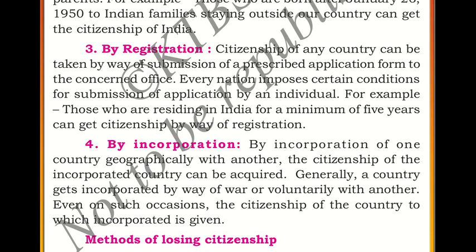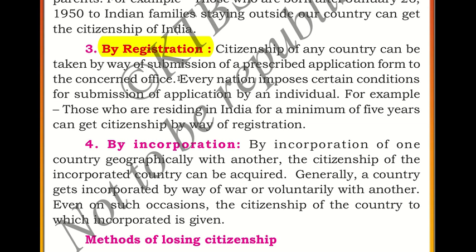Up next, we have the third method, that is by registration. Citizenship of any country can be taken by way of submission of a prescribed application form to the concerned office. Every nation imposes certain conditions for submission of application by an individual.